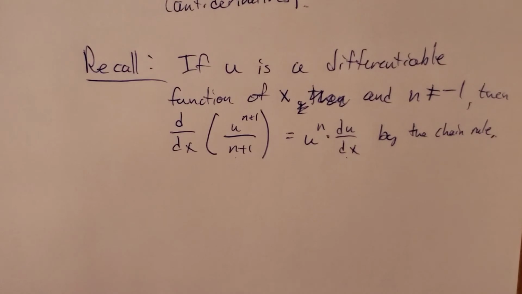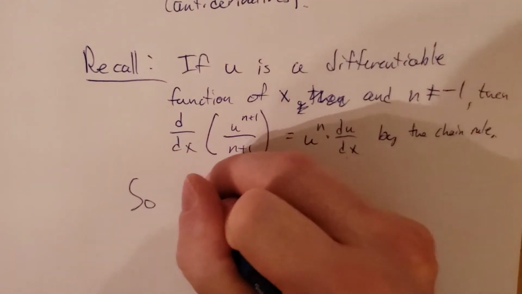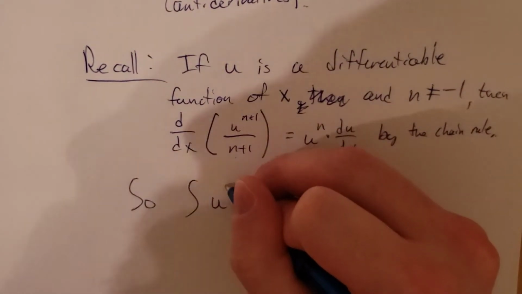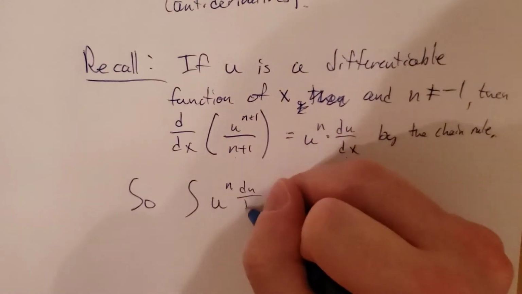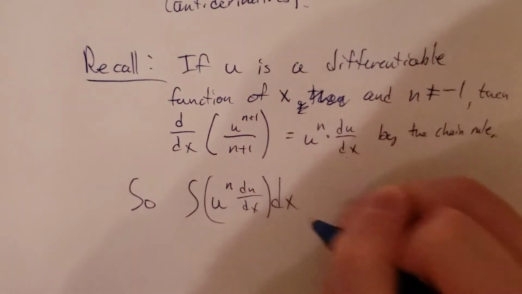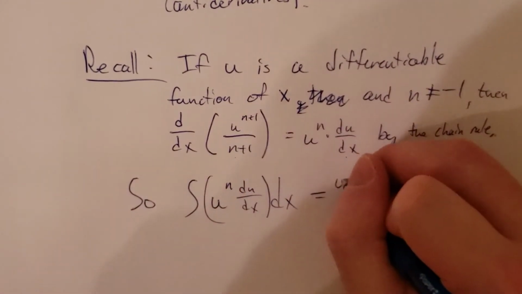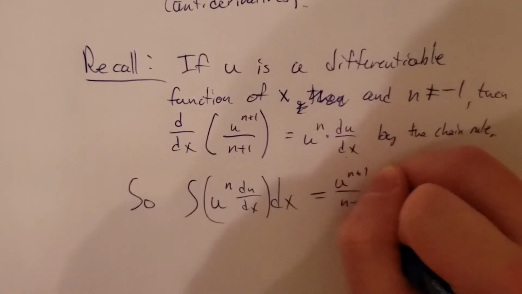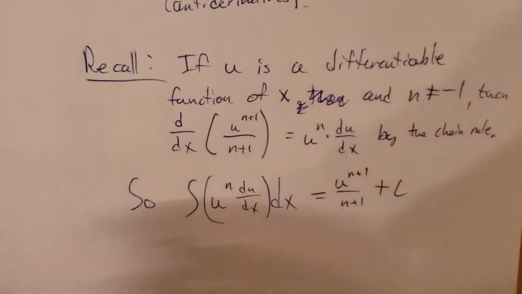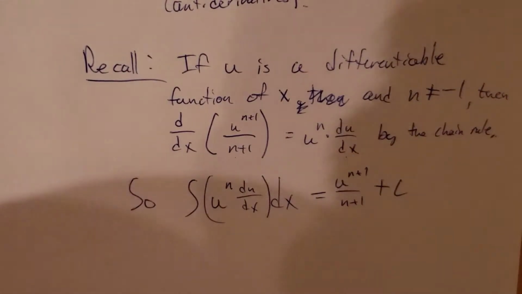Well, what does that tell us? That tells us we can take the antiderivative of u to the n du dx, all with respect to x. If we take the antiderivative with respect to x, we get back to what we started with, which is u to the n plus 1 over n plus 1, but of course with some addition of a constant c.